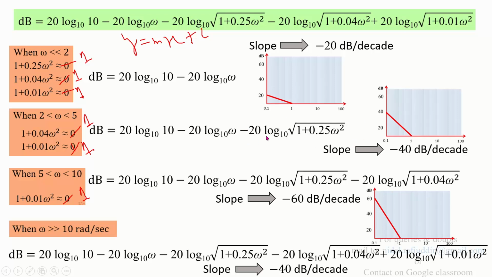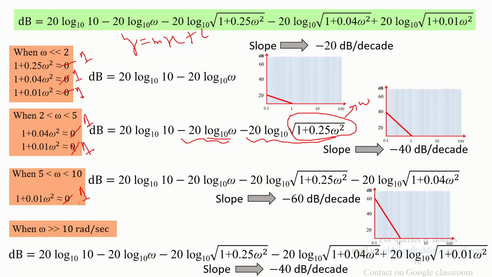Since you have the square root of omega square, the effect of a term written in terms of omega square under the root will be omega. I mean to say that this term, root of omega square, will have the same effect as that of omega while you plot, which means that the slope of this line is minus 20 dB per decade.